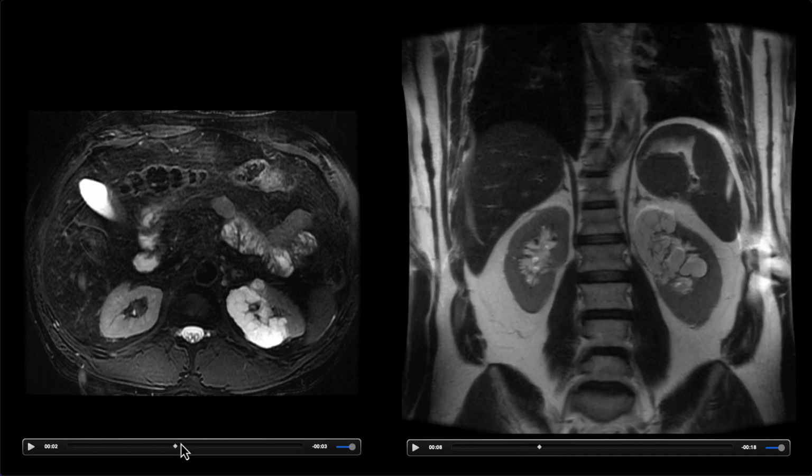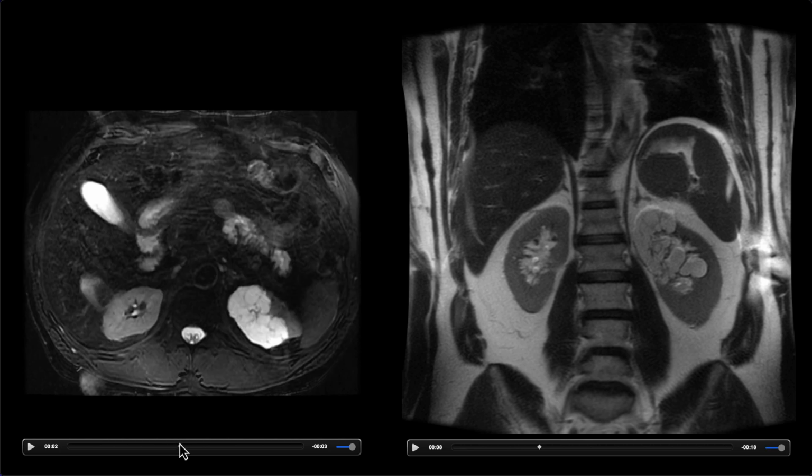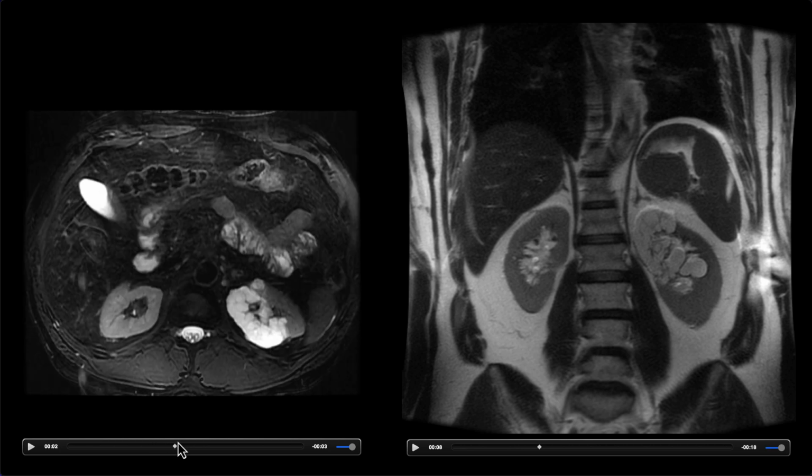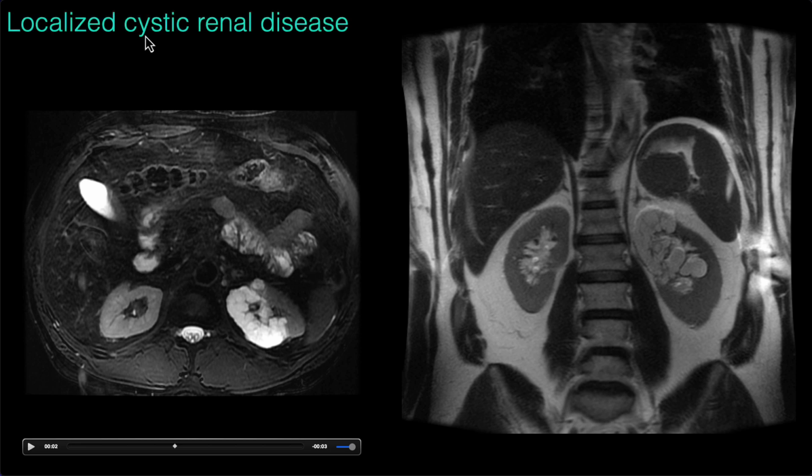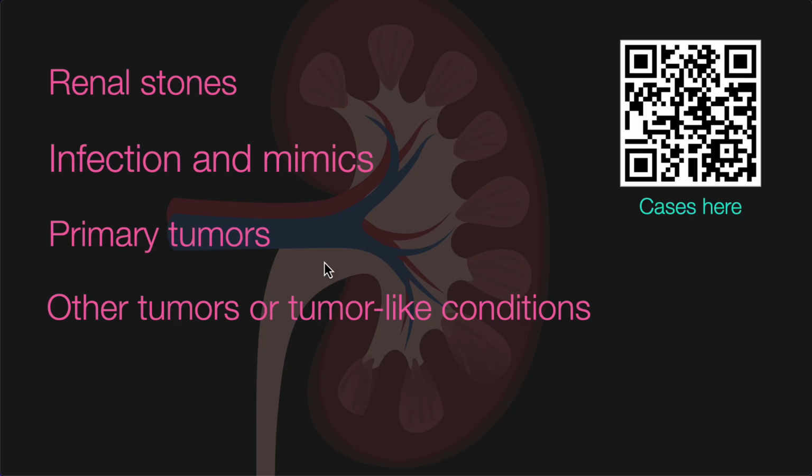And so I think the axial image in particular helps you to appreciate how it's essentially a cystic process replacing a portion of the cortex. This is a benign etiology called localized cystic renal disease and is diagnosed by seeing that kind of cluster of cysts in one kidney with the normal appearance of the other kidney.